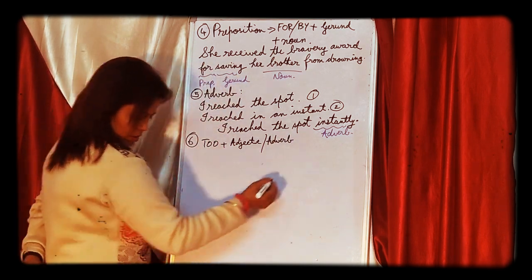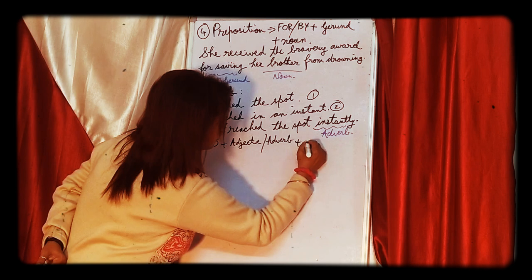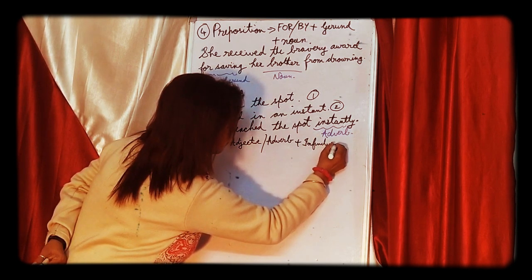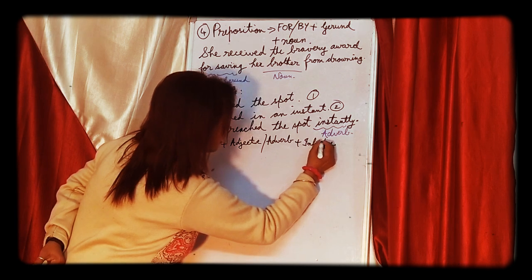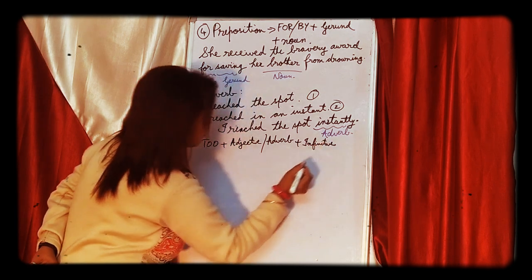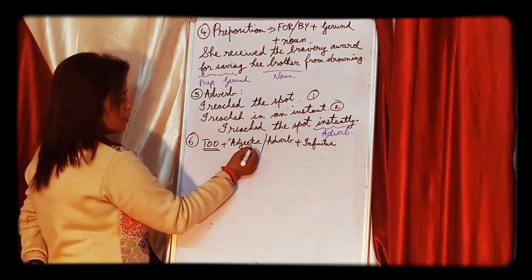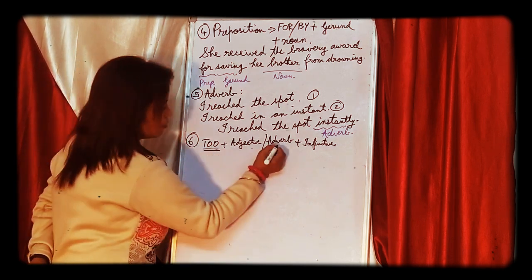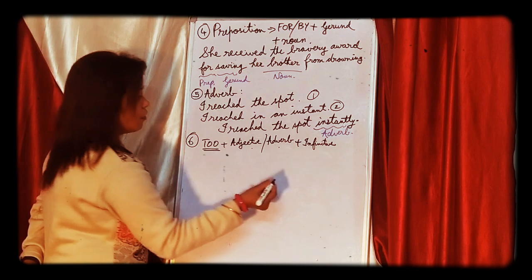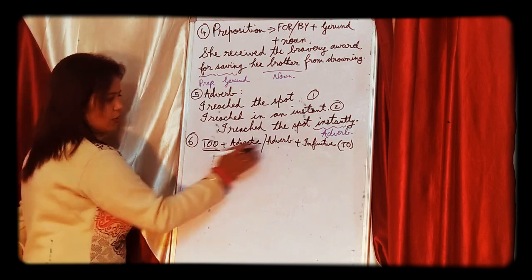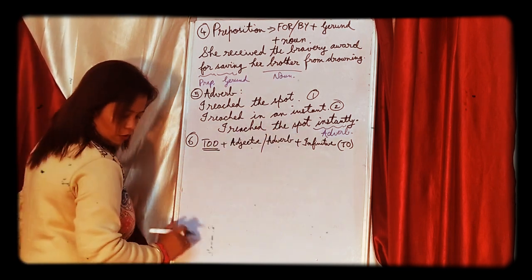Along with that we have the infinitive. So remember, to can be put with an adjective, it can also be put with an adverb, followed by the infinitive, that is the verb in its singular base form. So you see, these both are involved.